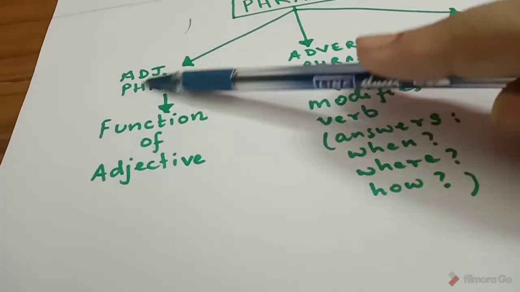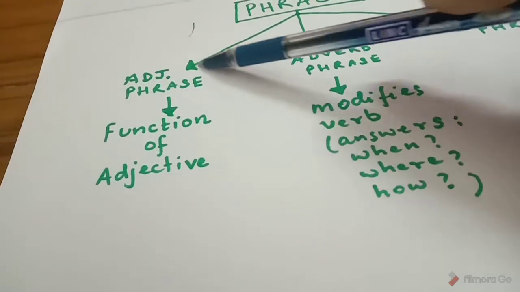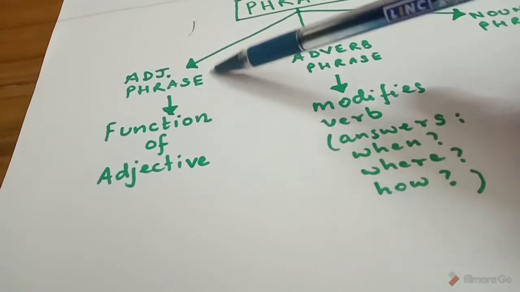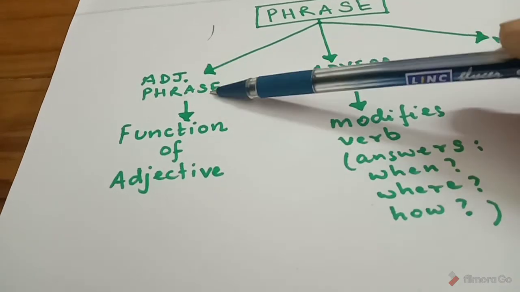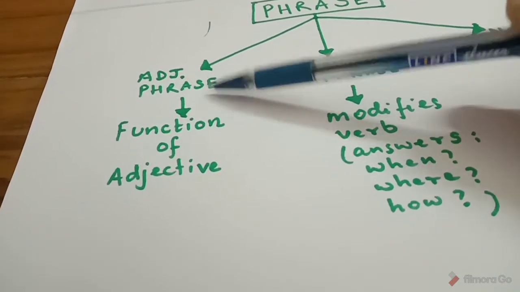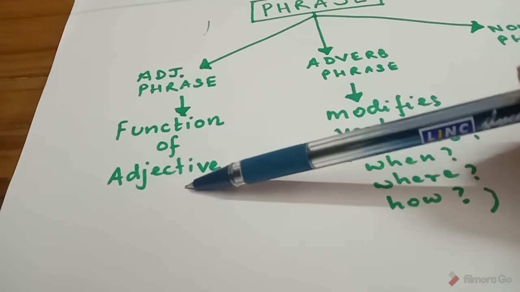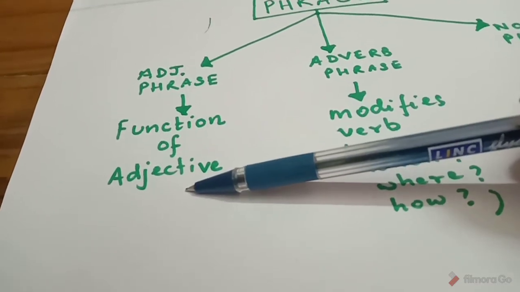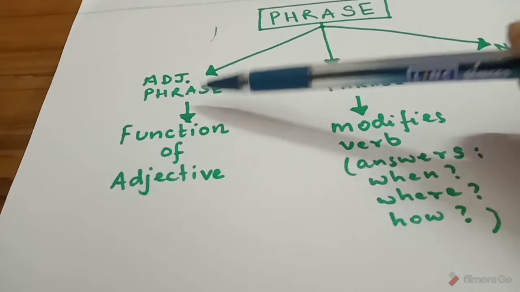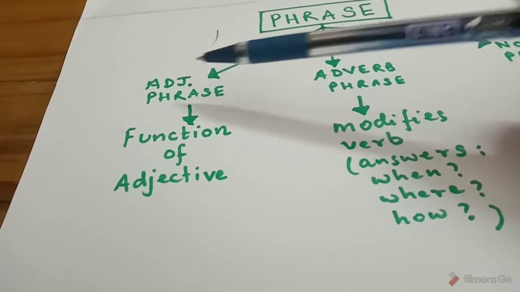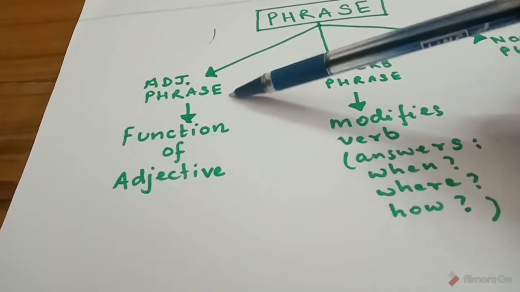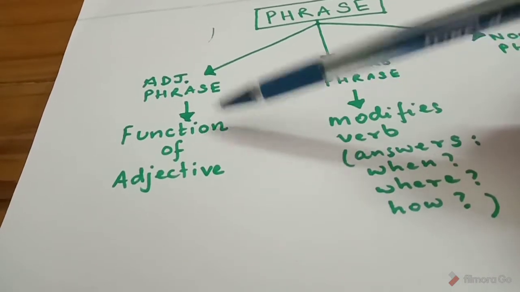So what is the function of an adjective phrase? Why do we call a group of words an adjective phrase? We call a group of words an adjective phrase if it does the function of an adjective. So where you have one word, one adjective which qualifies a noun, here you will have a phrase, that is a group of words which does the function of an adjective.